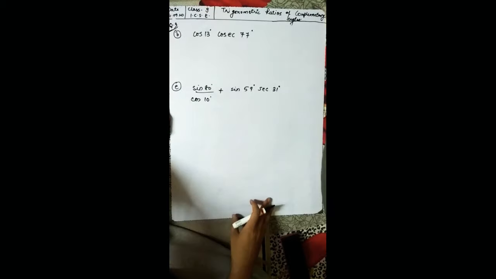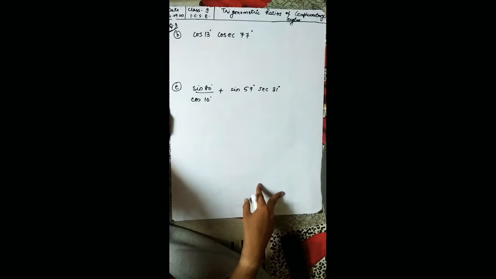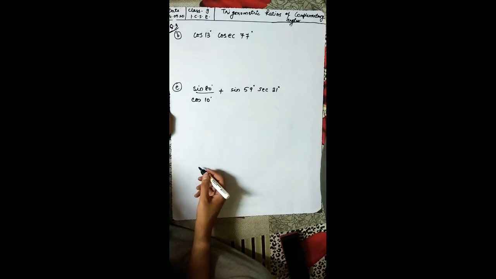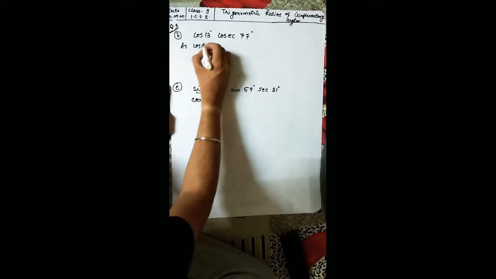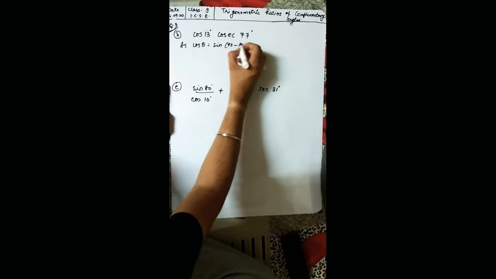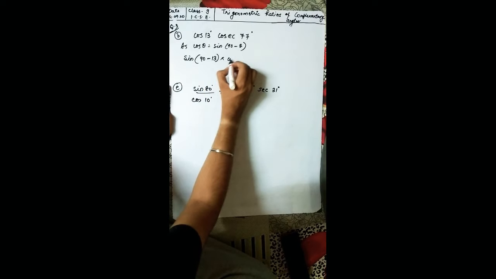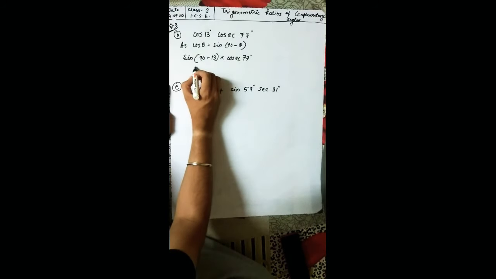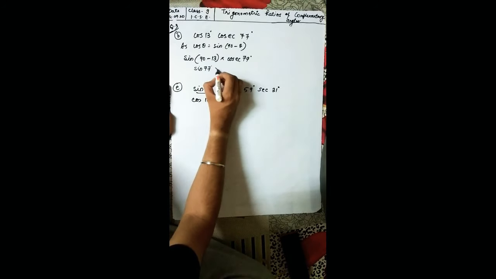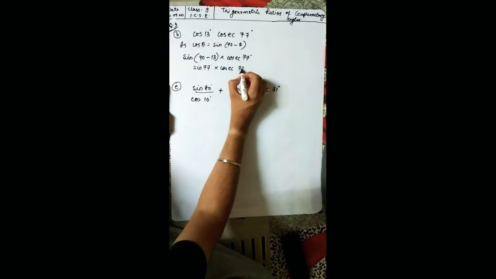Let us come to question number 3, B1. They are asking for cos 13 degree cosec 77 degree. We know in place of this cos theta, we can write sin 90 minus theta. So in place of cos theta, sin 90 minus 13, which is 77, into cosec 77.